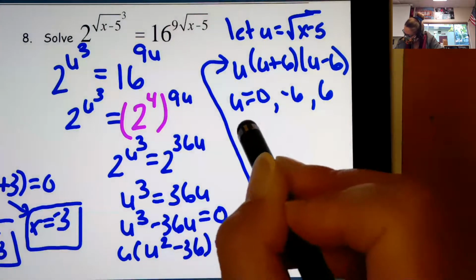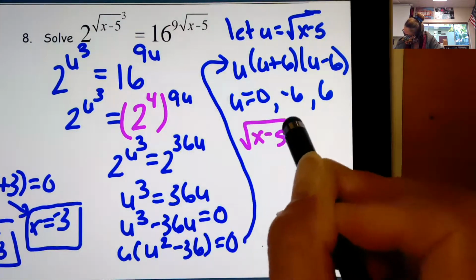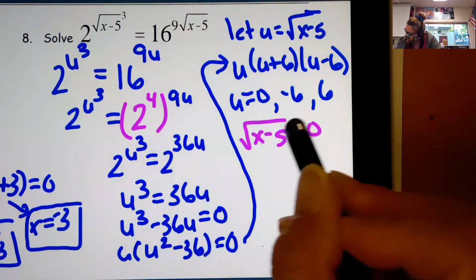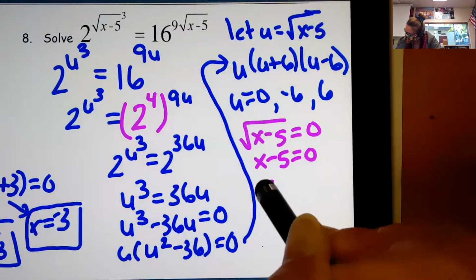So for this one, I know that the square root of x minus 5 equals 0. So when I square both sides, I get x minus 5 equals 0. So x equals 5. That's one answer.